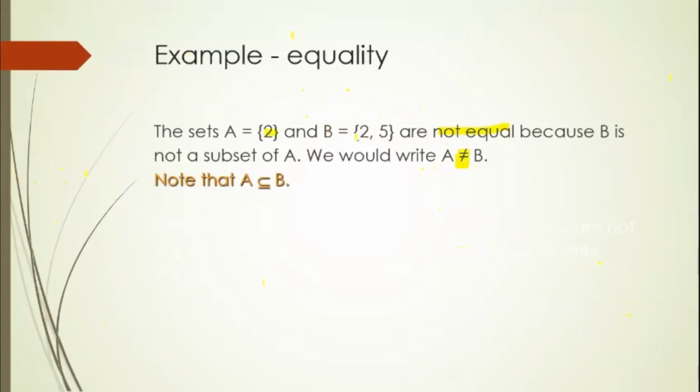B contains the elements 2 and 5. So again, we can say that A is a subset of B, right? But B is not a subset of A. So we cannot say that A is equal to B. B must be a subset of A before we can say that A is equal to B.